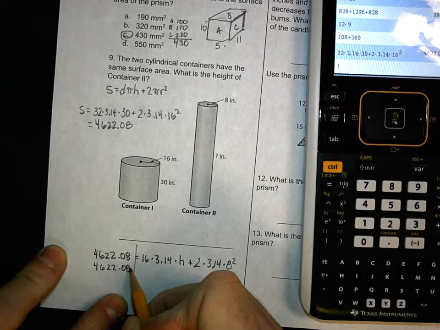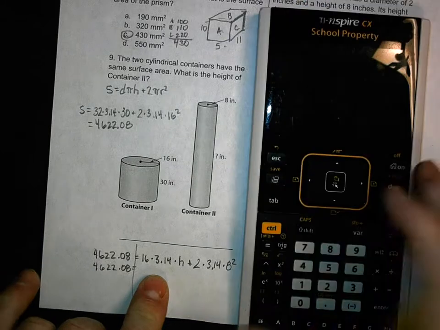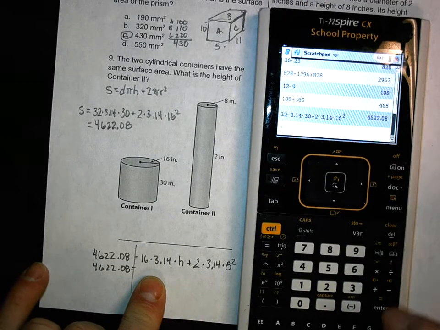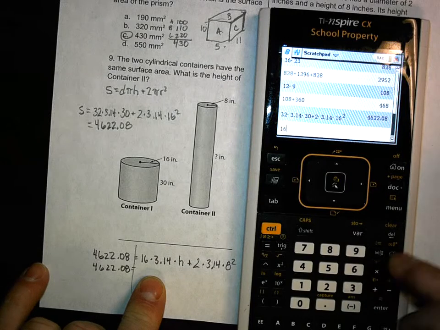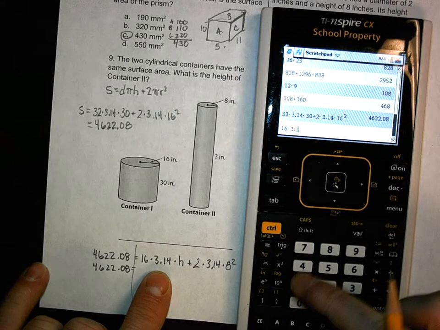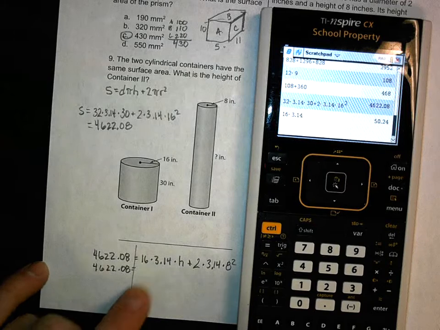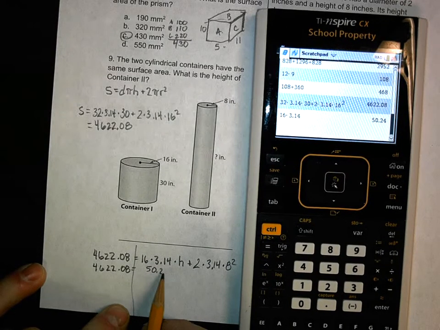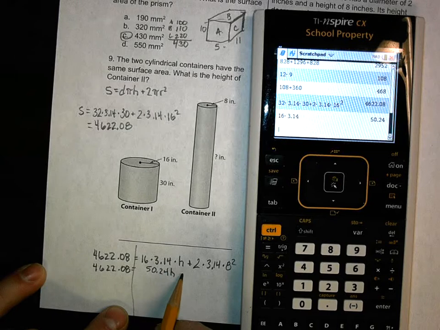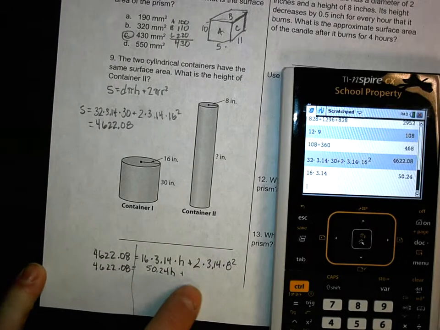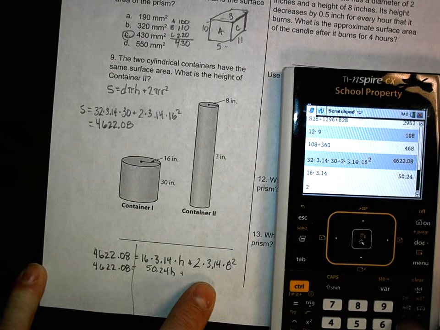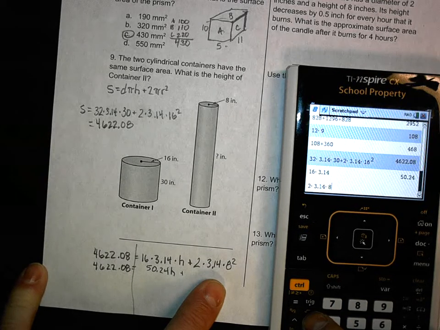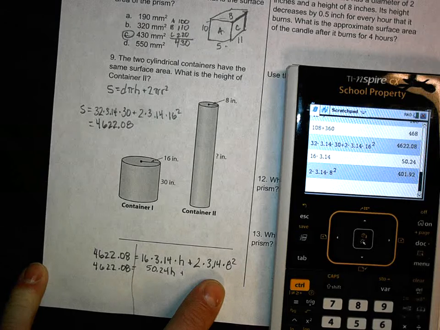4,622.08 equals, so let's do this, 16 times 3.14, and that gives me 50.24, and I got to bring the h down because I don't know what it is, plus 2 times 3.14 times 8 squared, and that equals 401.92.